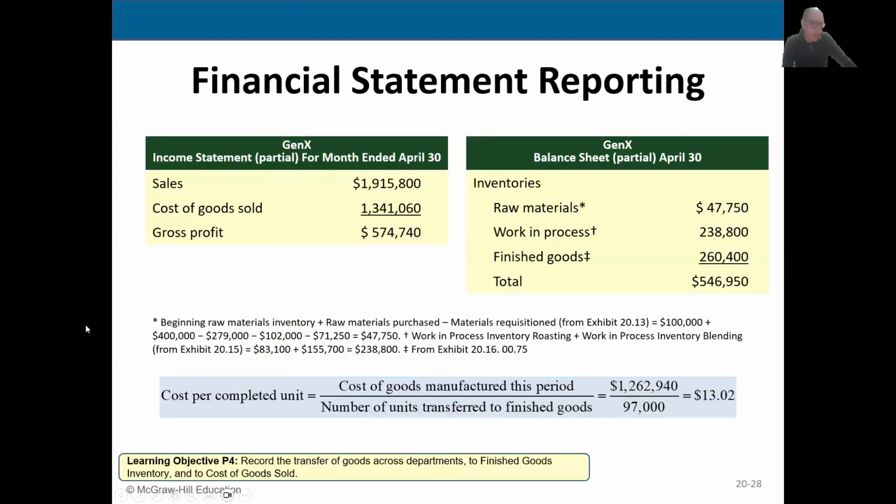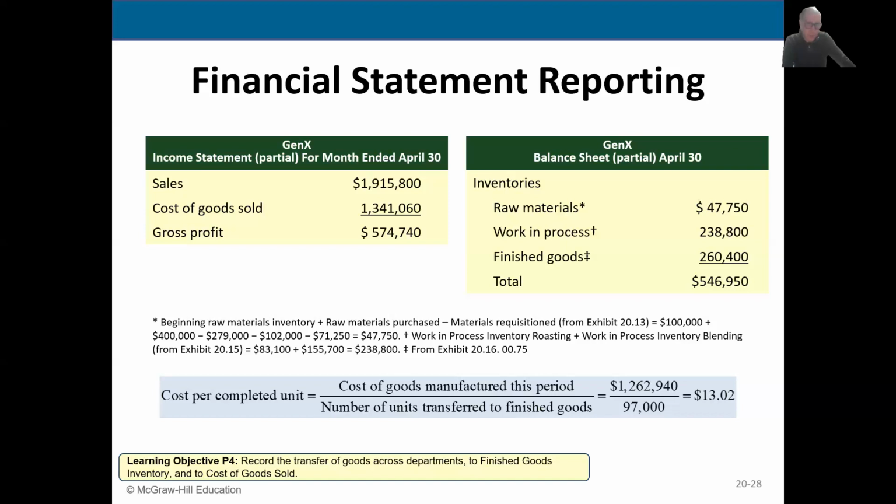And this is what it looks like on our income statement and balance sheet. On our income statement, we have our sales minus cost of goods sold equals gross profit. On our balance sheet, we have our balances for raw materials, work in process, and finished goods.